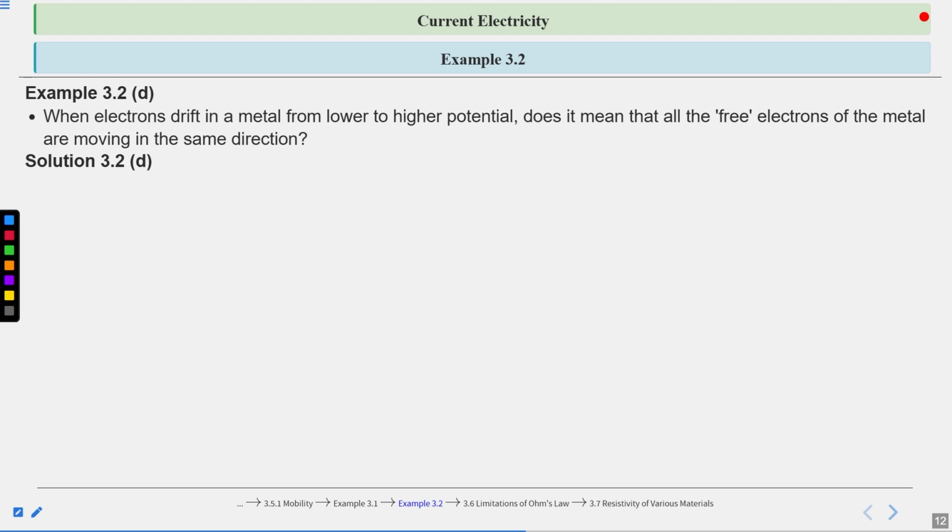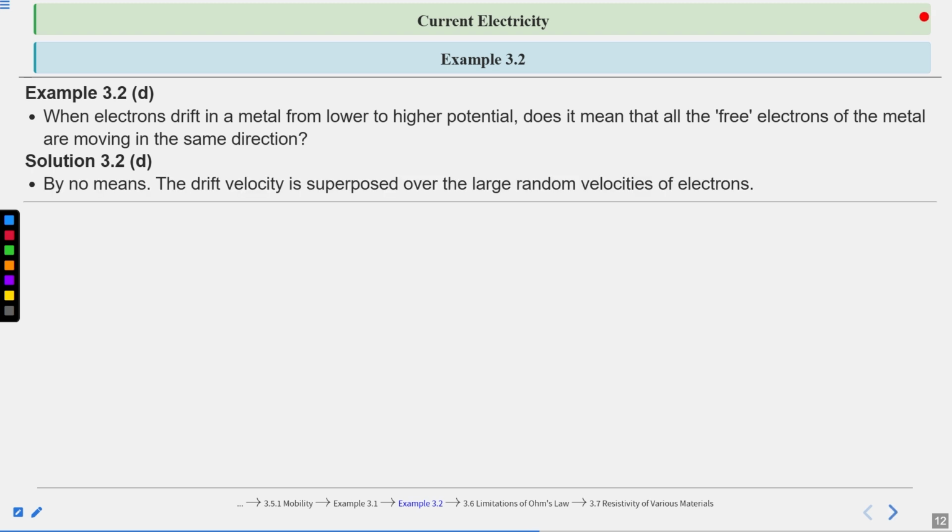The only change in the two paths is that the dotted path in the presence of the electric field is just drifted in the direction opposite to the electric field, but the random path is not changed. So electrons possessing high thermal speeds will only get drifted from their actual path, but not exactly take the same direction from lower potential to higher potential.